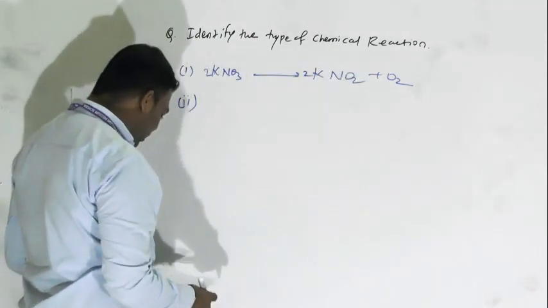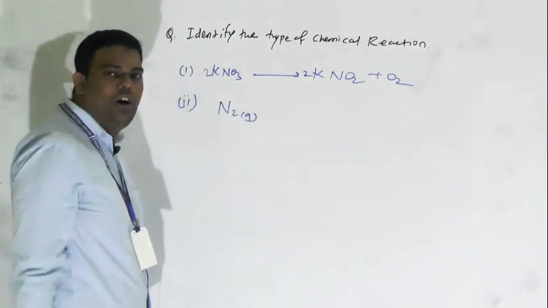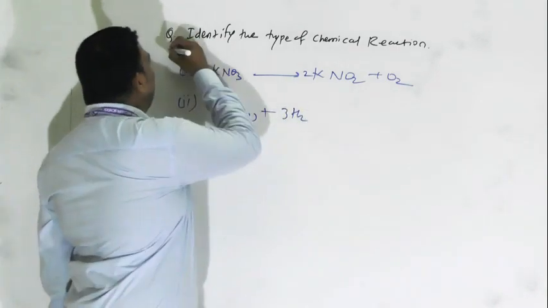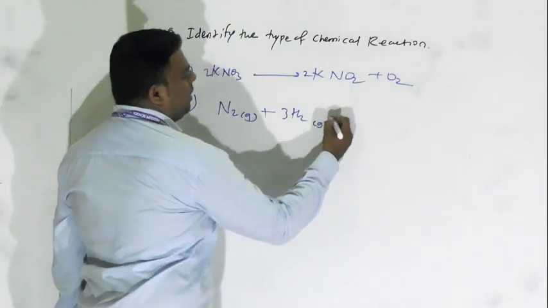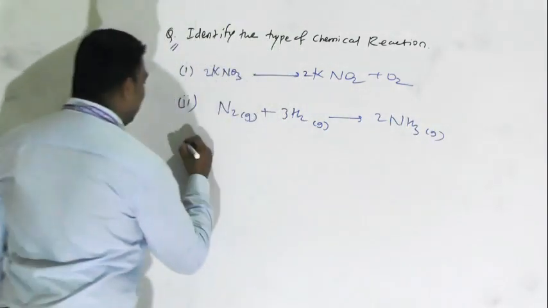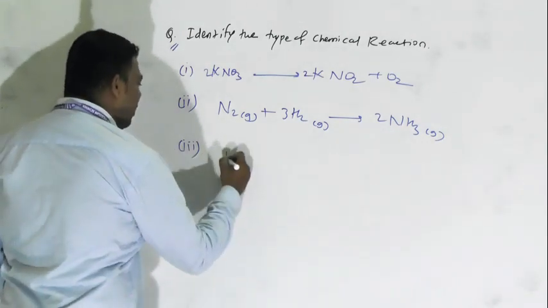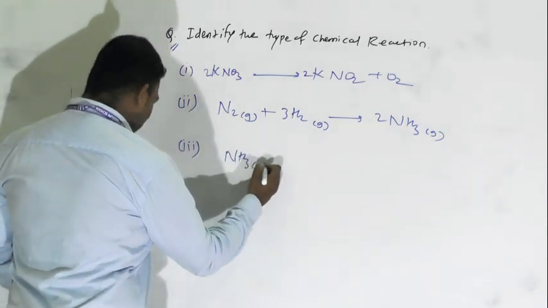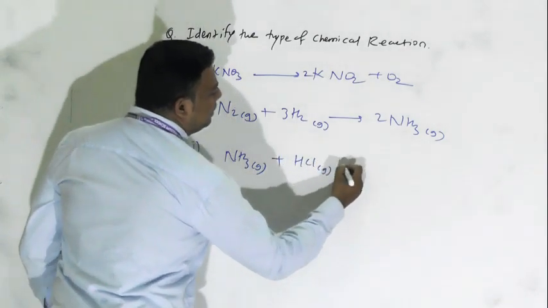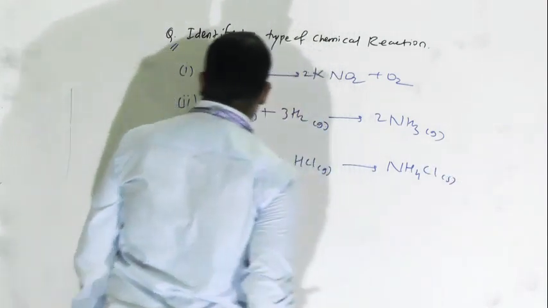Second is our Haber-Bosch reaction, which we saw. N2 gaseous plus 3H2 gaseous gives 2 ammonia gaseous. Now see your third reaction: NH3 gaseous plus HCl gaseous gives NH4Cl solid.